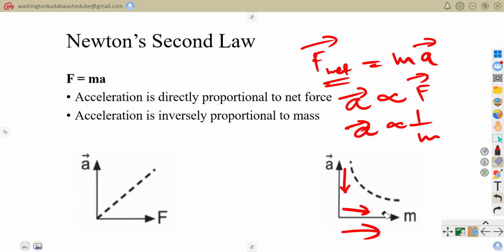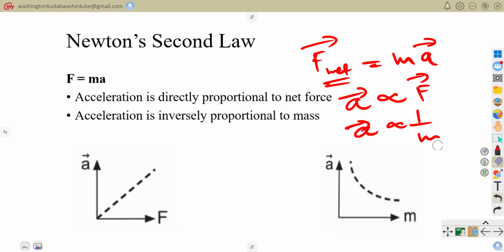So we say that the acceleration of the object is inversely proportional to the mass of the object. Our graph for investigating the relationship between mass and acceleration would be in this format.